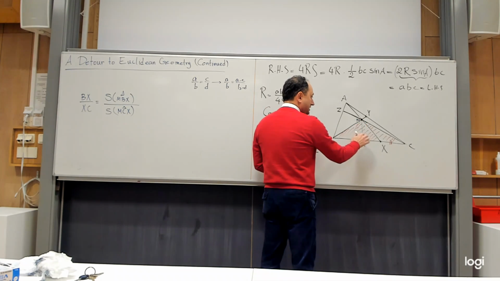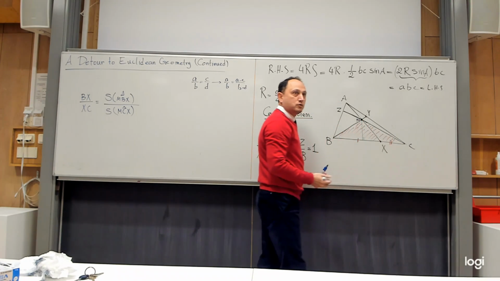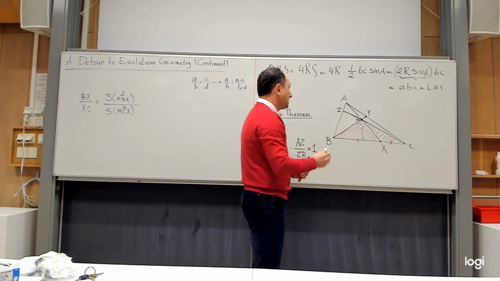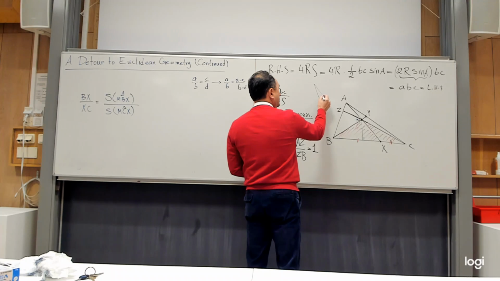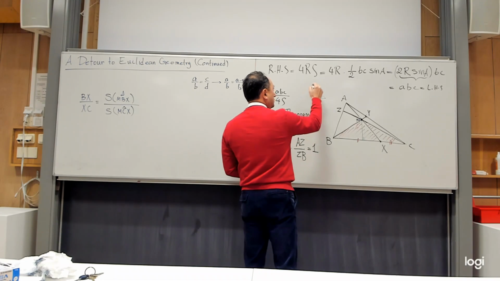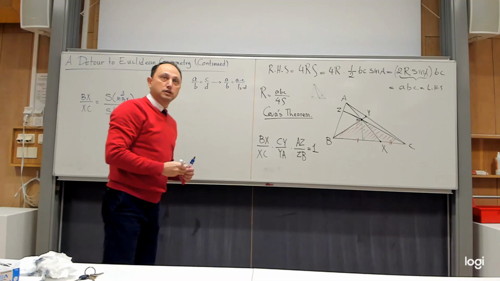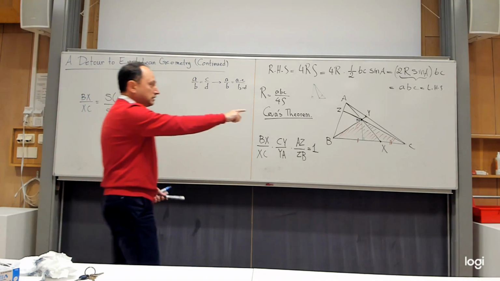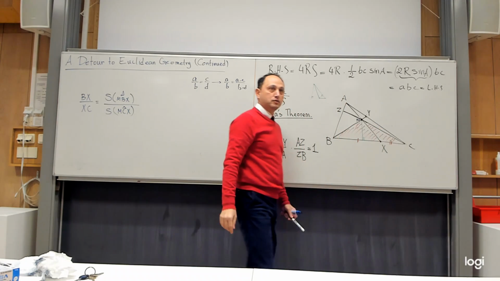But the same line plays the role of the height of this one as well. If I ask you to draw the height to this one, of course you draw this one. But if I ask you to draw the height to this one, you have to continue it in your head and draw this one. Is that understandable or not? So that height, which is the height of this triangle, is also the height of the same triangle here.